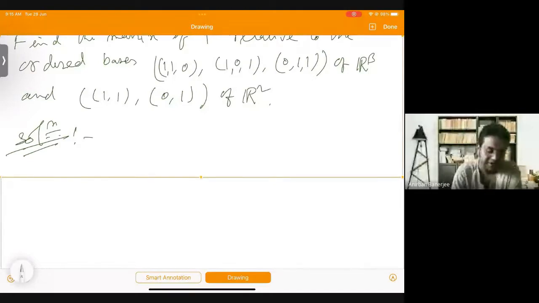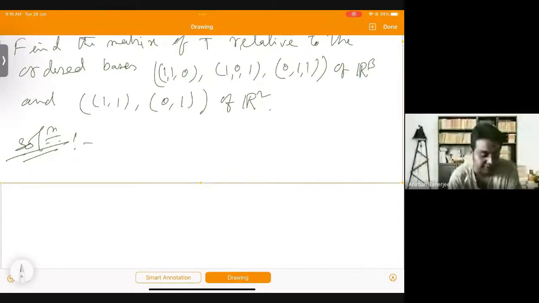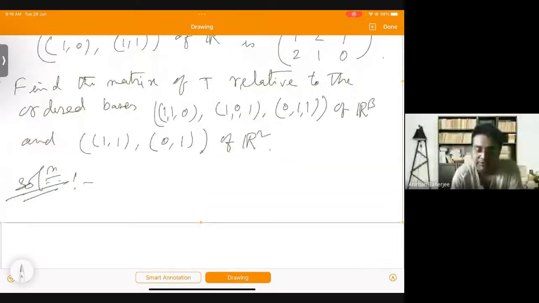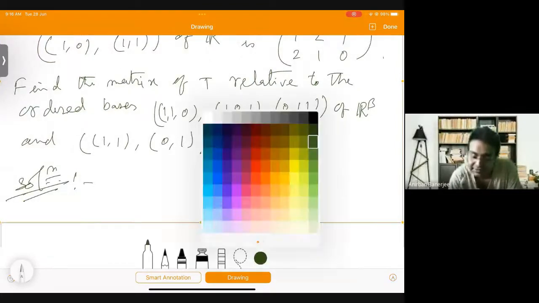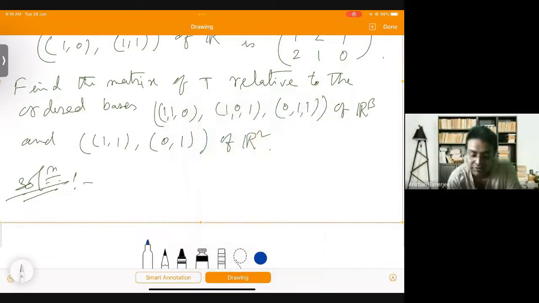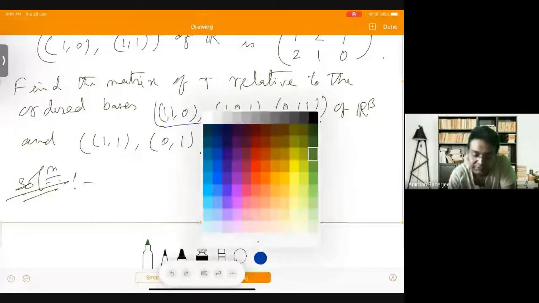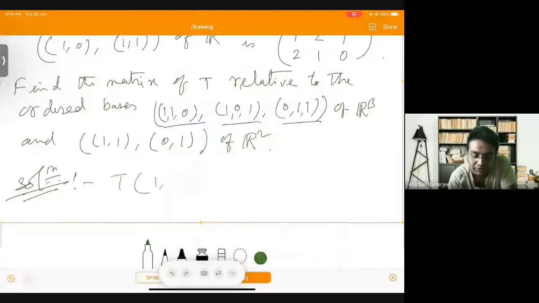Okay. So first of all, what is our goal? Our goal is to figure out where these basis vectors go after the transformation. So that means we have to find T of (1, 1, 0).